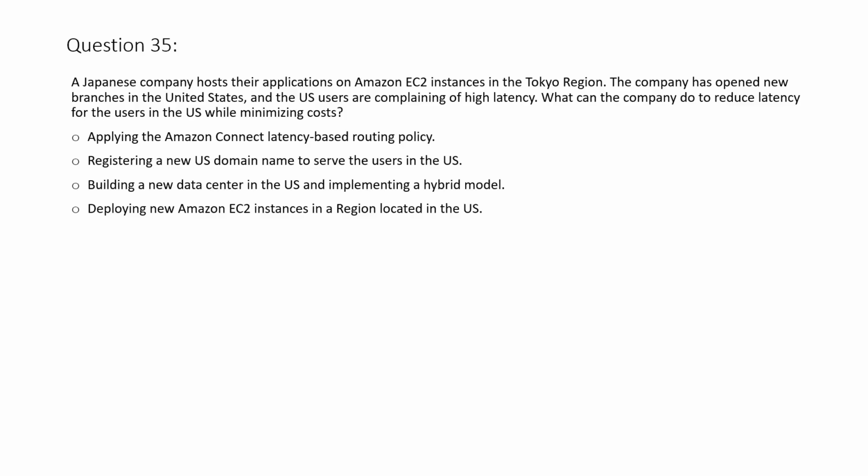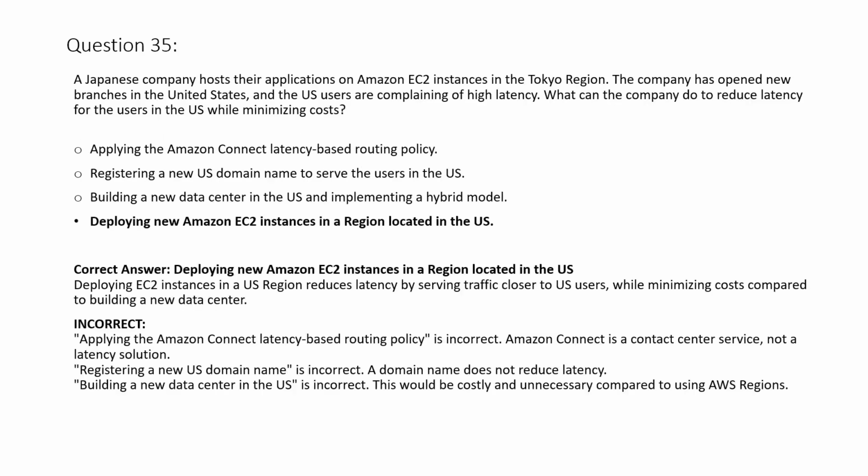Option B, registering a new US domain name to serve the users in the US. Option C, building a new data center in the US and implementing a hybrid model. Option D, deploying new Amazon EC2 instances in a region located in the US. So the correct answer is deploying new EC2 instances in a region which is located in the US.